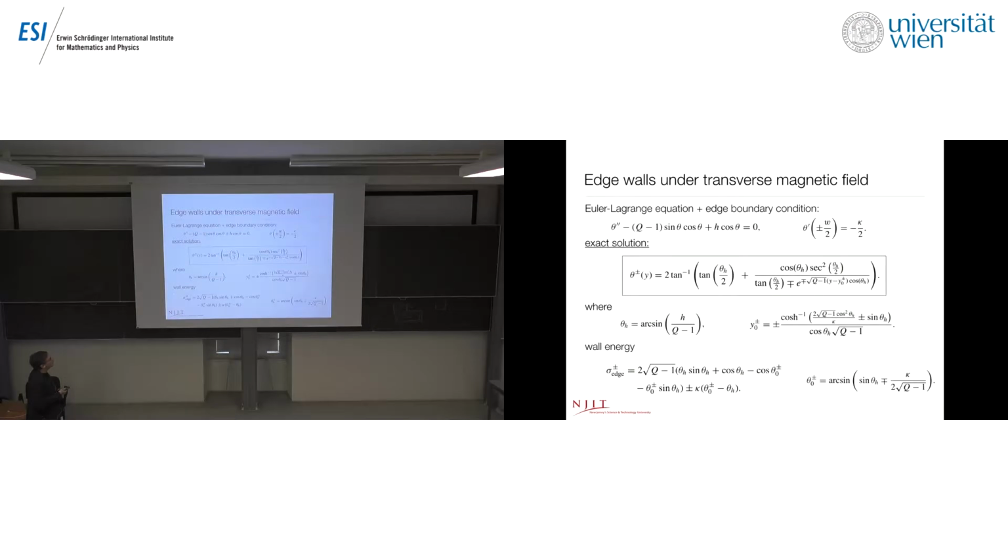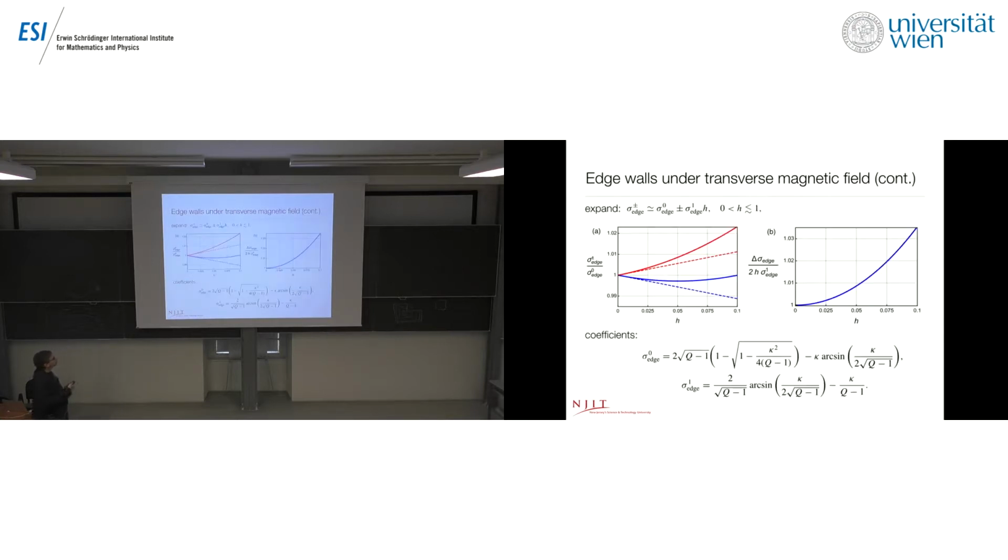And one can identify the energy of edge domain walls to be given explicitly by these formulas. Well, the important point is that they behave like this. Okay, so if we compare the edge domain wall energy in the presence of the field to that in the absence of the field, we see these two curves for two different types of walls, like up and down domains.